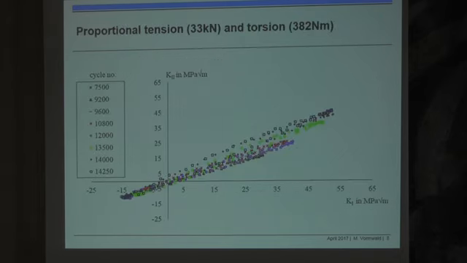Well, this is first of all a plot of the evolution of K1 over K2, keeping out of investigation K3, which is present too. Please keep in mind when the crack initiates, so this evaluation starts at cycle number 7000 and something. When it initiates, it is under pure mode 1. There is a notch root, a circular notch.